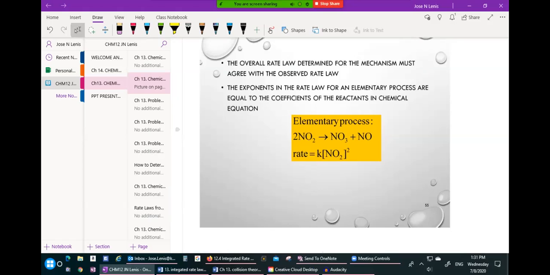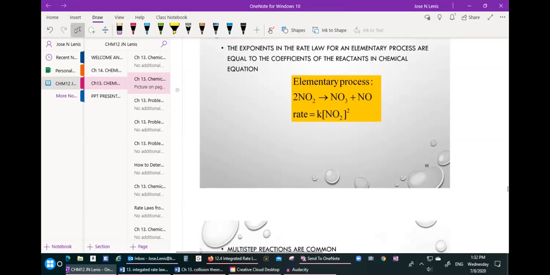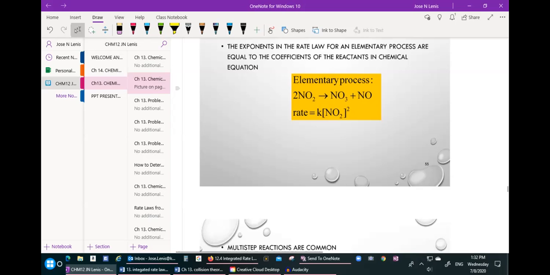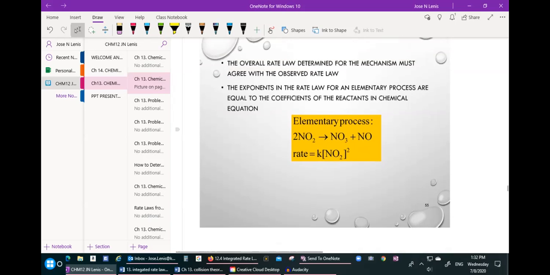At the beginning of the chapter, I was mentioning that the rate of reaction can help us to figure out the reaction mechanism. This is one example. We have this elementary process.